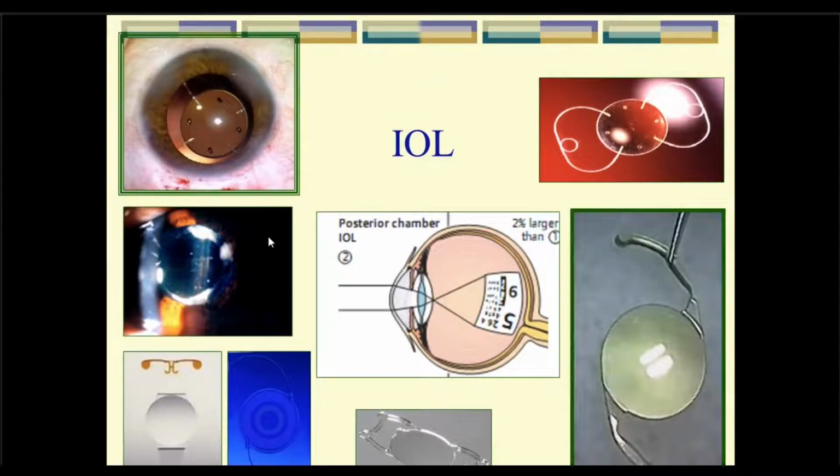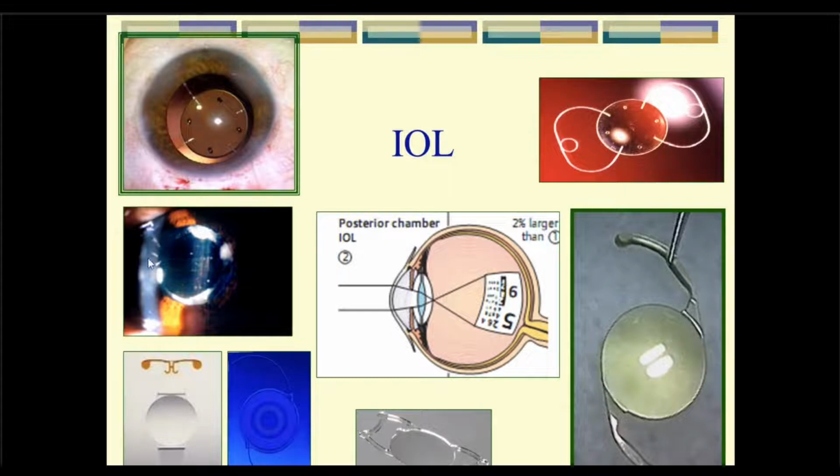After removing the lens, it's necessary to implant an intraocular lens into the eye. It's important because if we don't put an intraocular lens inside, the patient will have to wear very big glasses, near plus 13, and you can imagine how inconvenient that is.